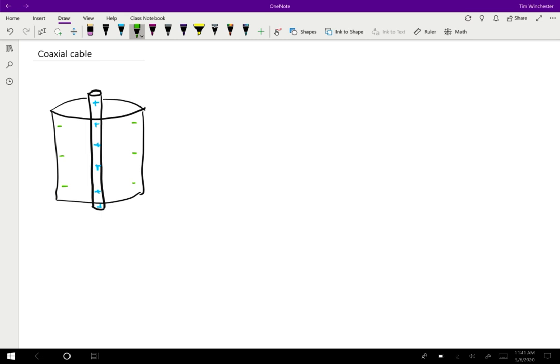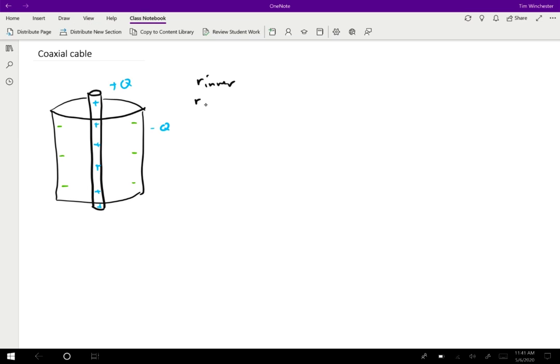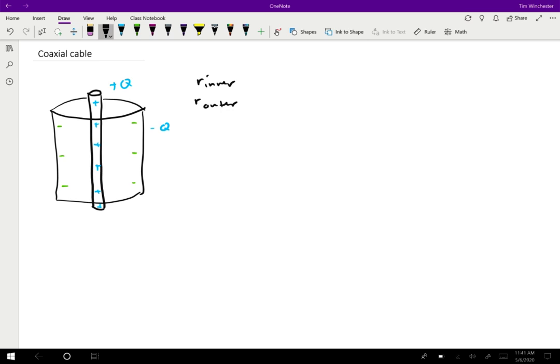Okay, so we'll have a plus Q on one and a minus Q on the other. All right, so the information that we're going to need are the inner radius of the wire, so the radius of the wire, I should say, and then an outer radius, which is the radius of that surrounding cylindrical shell.